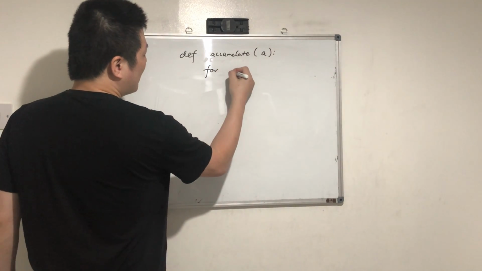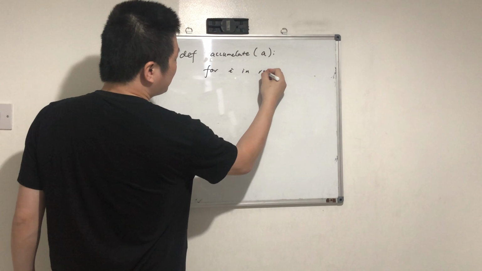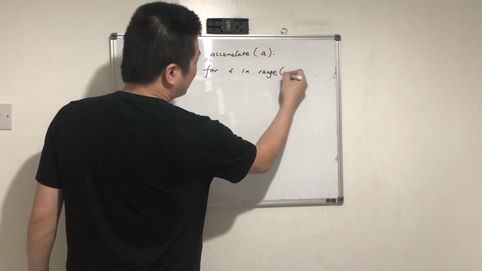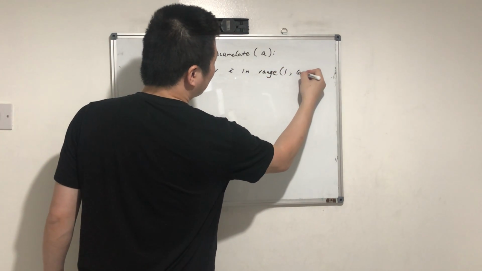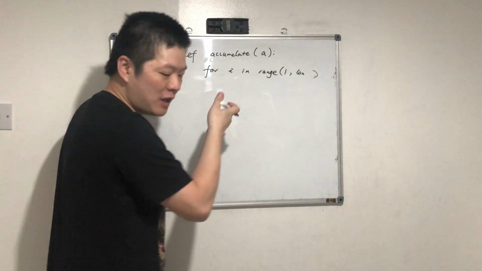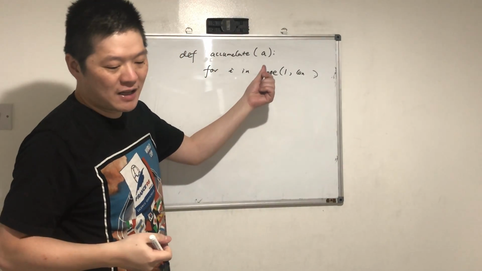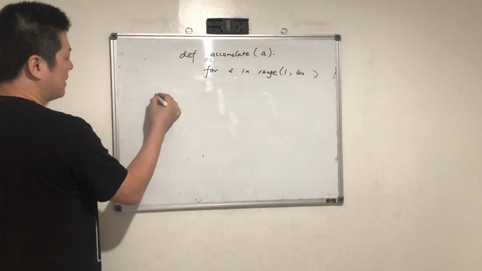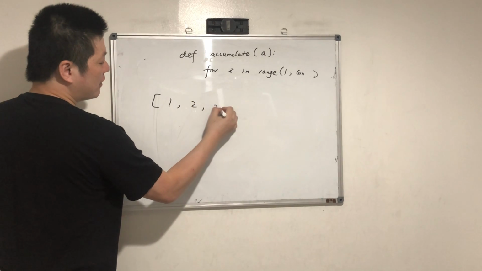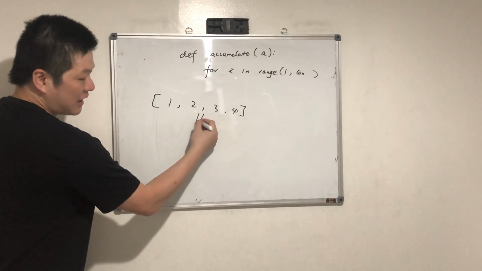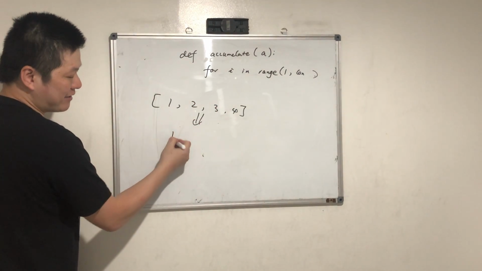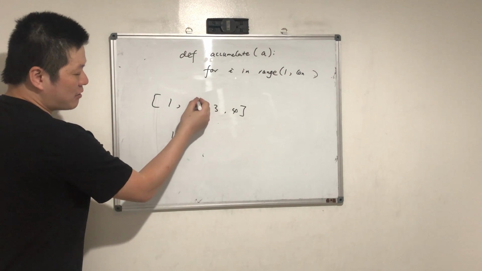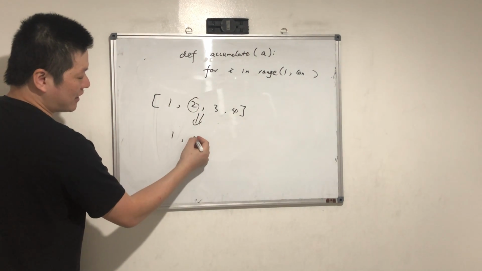Look, for i in range, let's say 1 to length. We start from the second one, because the first element does not change, right? Look, 1, 2, 3, 4. The first one doesn't change. The second one equals its number plus the previous one, which is 3.